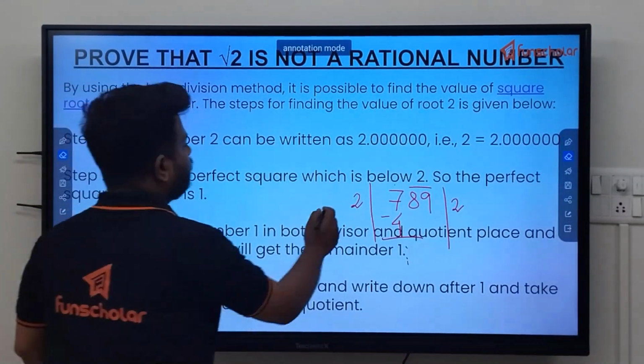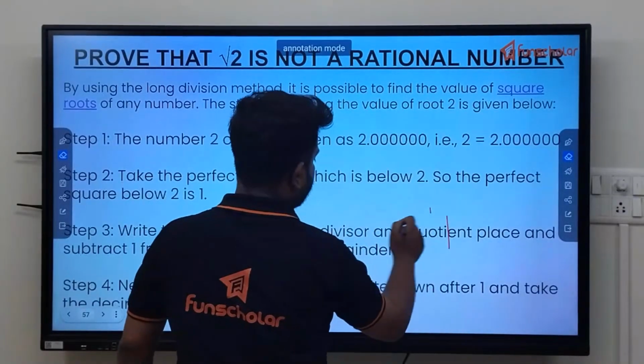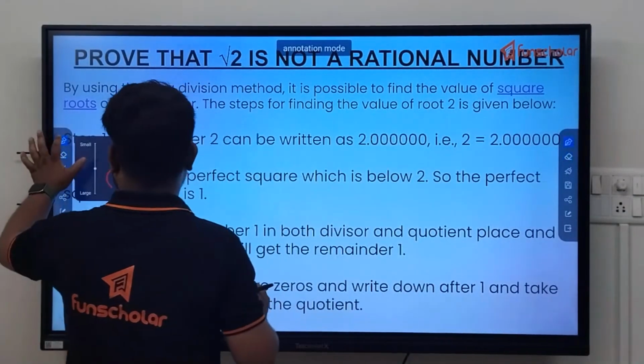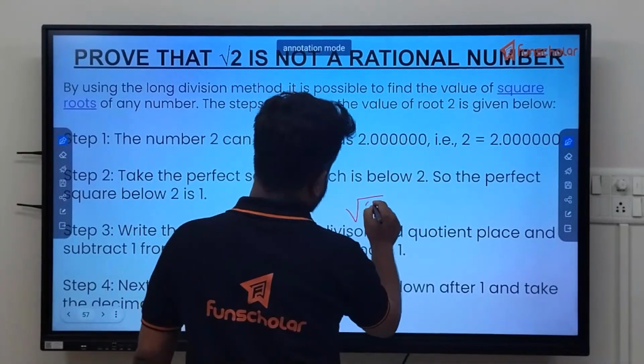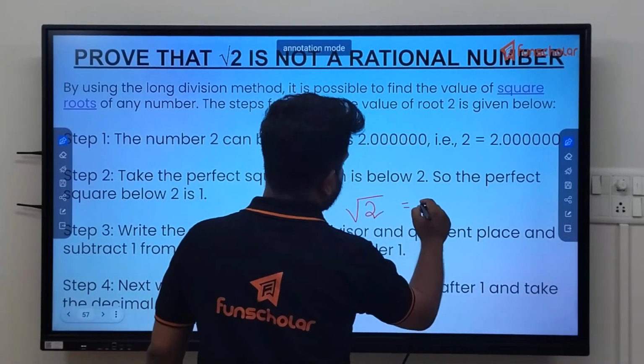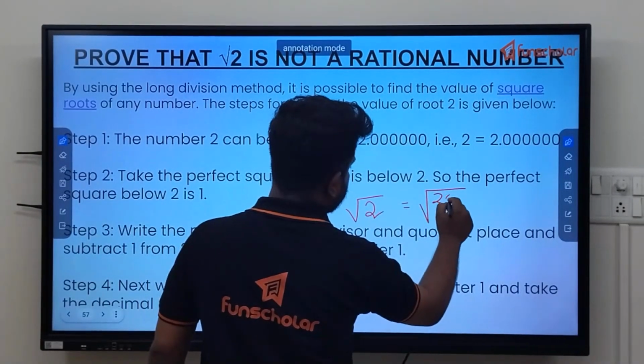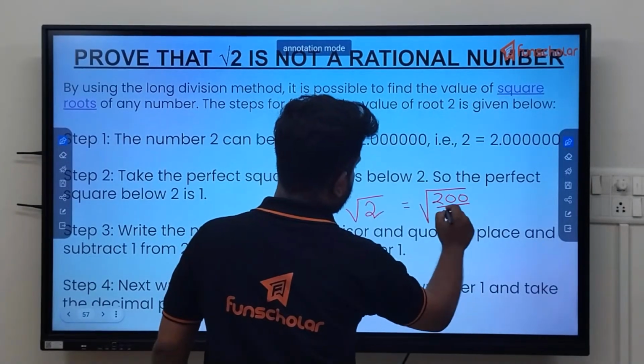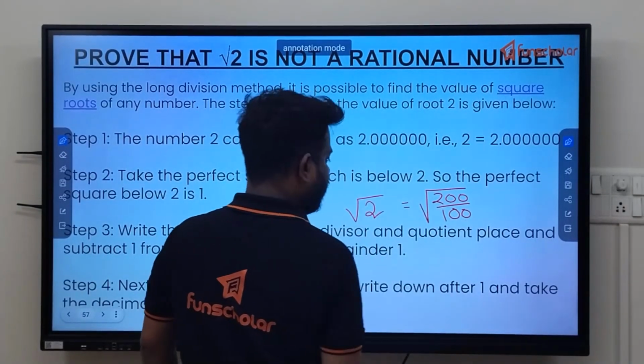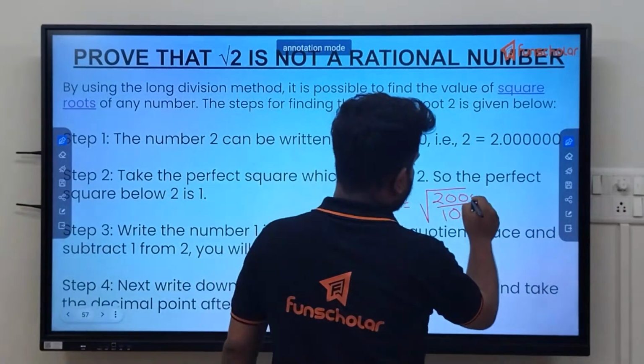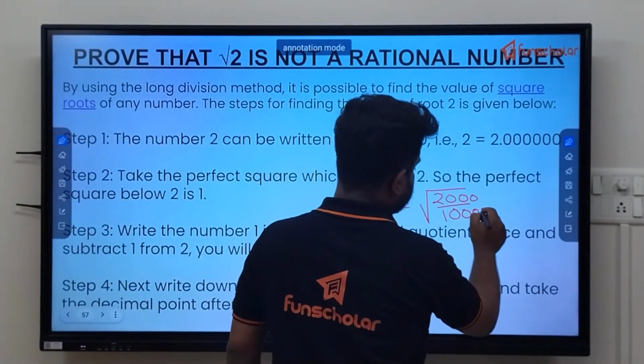So if we have to find root 2, we can write it like this, or we can write it like this.